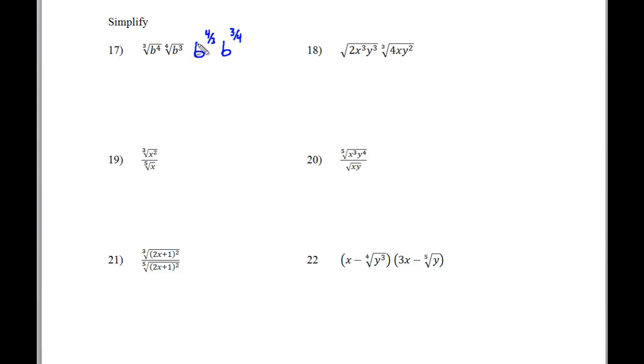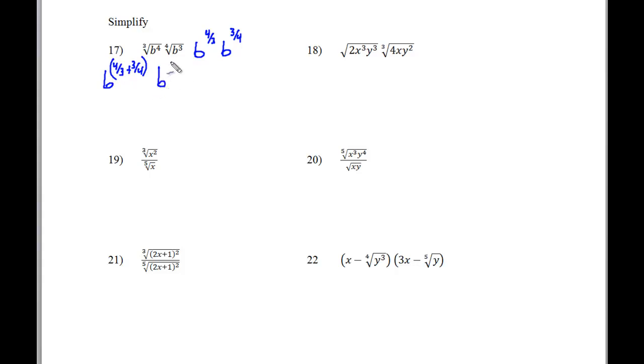Now, because of our power rule, we have b to the 4/3 and b to the 3/4. We can add them in terms of their exponents. So the 4/3 plus 3/4. So what we have to do here is get common denominators to do so.